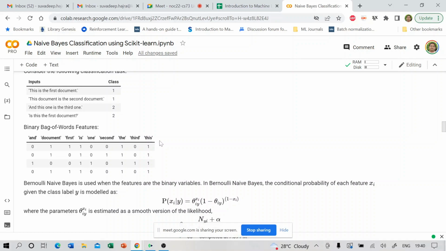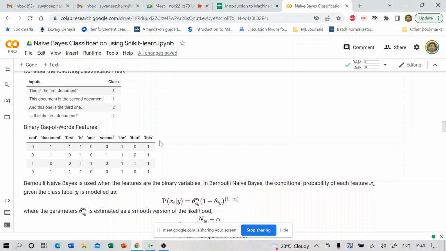Now can anyone tell what will be the probability of x1 equal to 1 given y equal to 1, the probability of x2 equal to 1 given y equal to 1, the probability of x1 equal to 1 given y equal to 2, and the probability of x2 equal to 1 given y equal to 2?